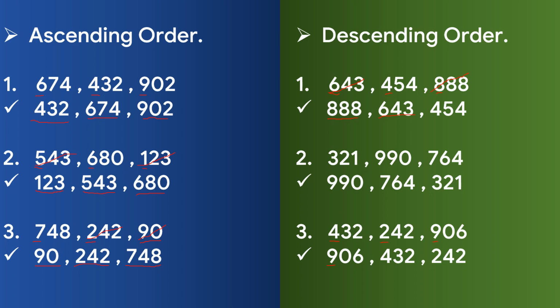So we have to write down 906 first and just remove this 906 from the question. Now from these two numbers, which one is the biggest? 432 is the biggest. So you have to write down 432 and then cut it from the question. Now what is the remaining number? There is 242. So you have to write down 242 last.